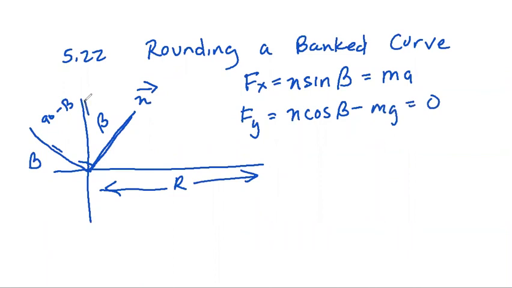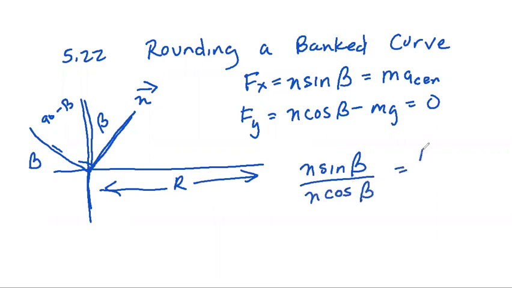So N cos beta minus mg equals 0, and N sine beta equals m a. Oh, and this is a centripetal, by the way. And I'm going to divide these equations by each other. So I'm going to have N sine beta divided by N cos beta equals m a centripetal divided by mg.